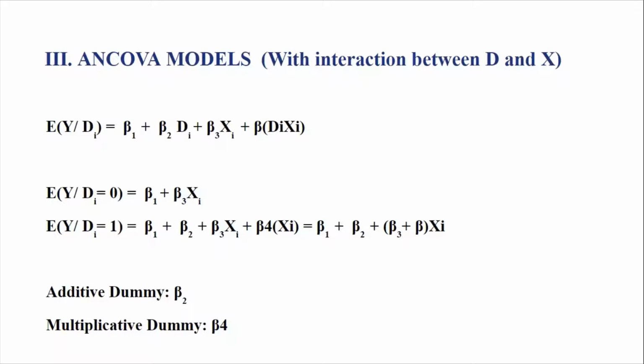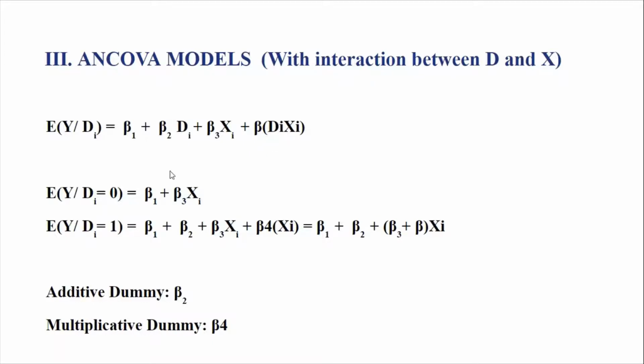So in such cases, the regression equation would be expected value of y for given di is equal to beta 1 plus beta 2 di plus beta 3 xi. So this is the same as the previous equation without interaction, but in this case, when there is an interaction between the dummy and the quantitative variable, you need to include another term, that is beta 4 di into xi.